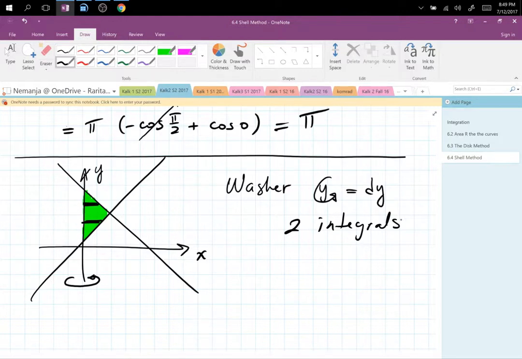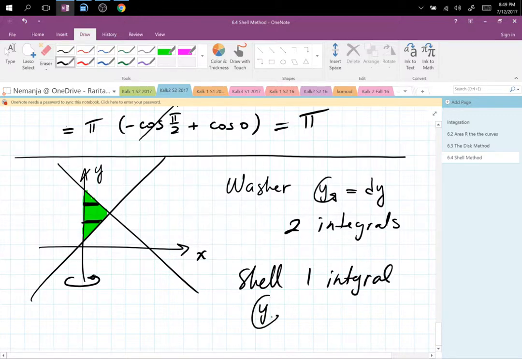What happens with the shell? Shell cuts parallel to the axis of rotation, right? So shell is always stuck between 2 functions, one integral. In this case, both are possible, but shell is easier because it's less work. So shell, one integral.